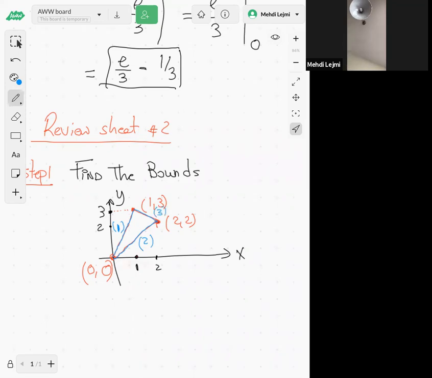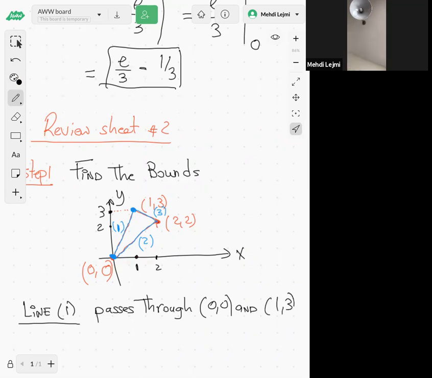For the first side, this is the line passing through 0, 0 and 1, 3, right? So line 1 passes through 0, 0 and 1, 3.